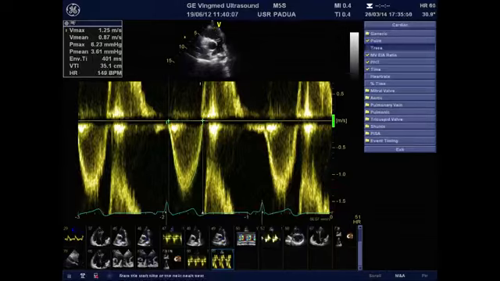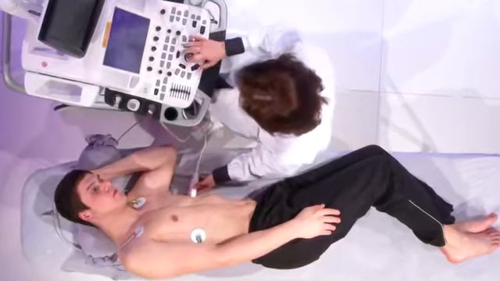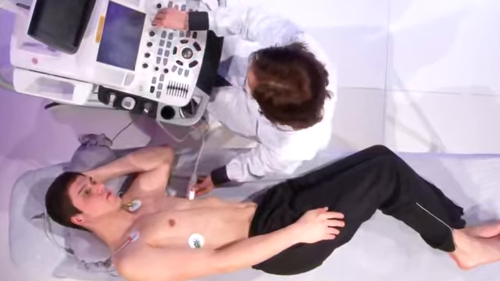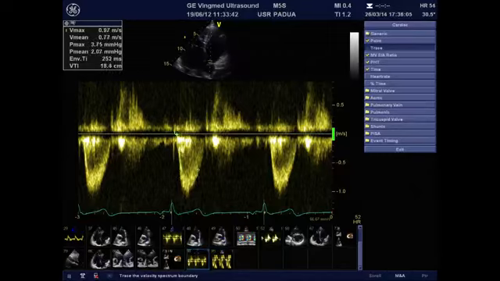And then from the apical approach, we take the same type of acquisition across the aorta. And if we do the measurement, also visually you can appreciate that it is significantly smaller. And you will find a VTI of only 23 centimeters. So again, this is a confirmatory sign of a severe pulmonary regurgitation.